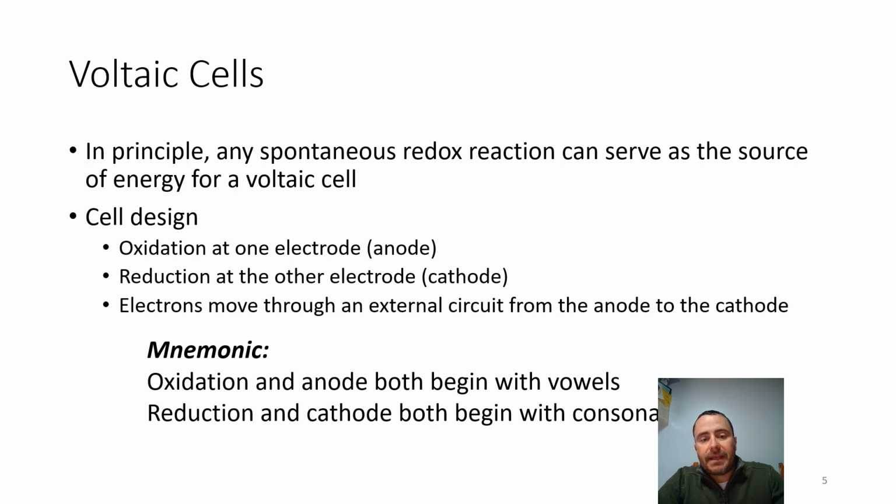In order to make these, and I'll have a picture on the next slide, we're going to have two different electrodes, an anode, our oxidation electrode, and a cathode. Those are just pieces of metal, basically.